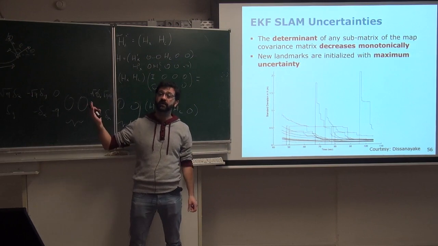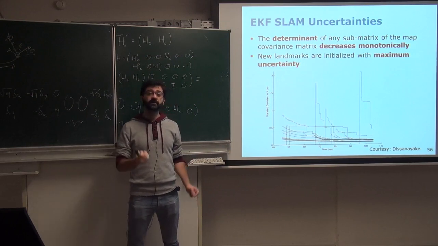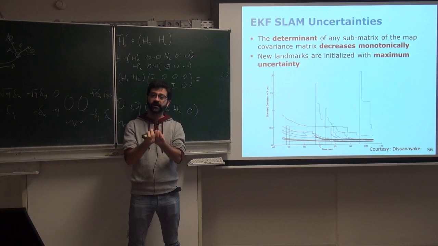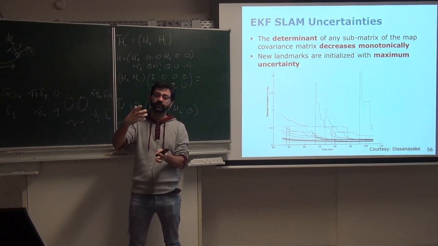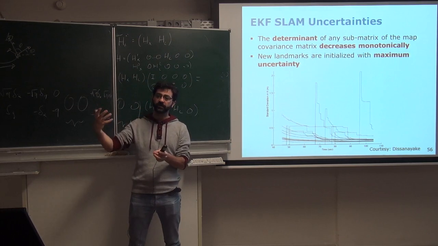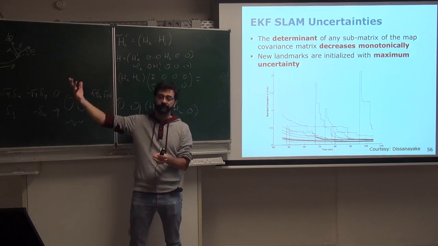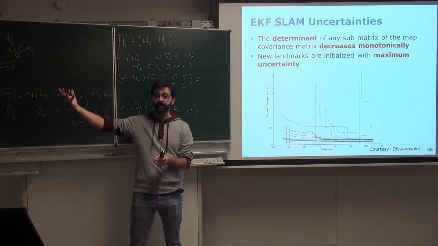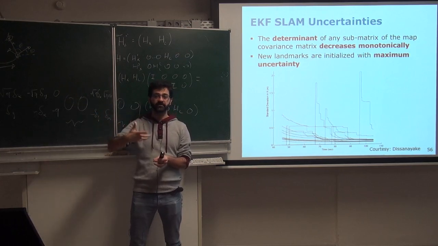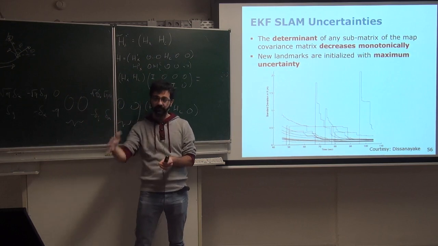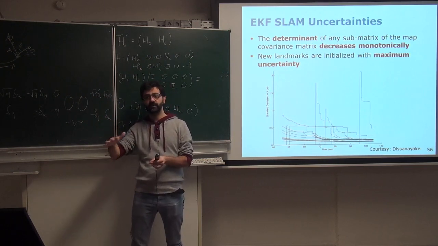That's because the only way in a Kalman filter or a Bayes filter to increase uncertainty is through the injection of uncertainty through the motion model, through the propagation in the prediction step. And since the prediction step doesn't touch the landmarks, there will never be an injection of uncertainty in there. There will just be a monotonic decrease of uncertainty, because that's what happens during the correction step.